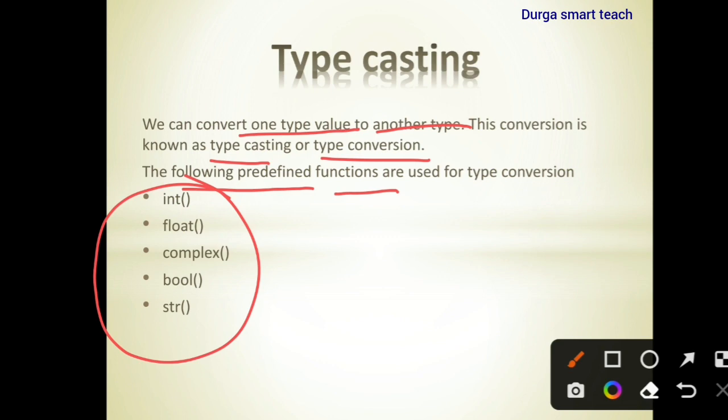The task of these 5 predefined functions is to convert from one data type to another data type. These are the 5 predefined built-in functions for type conversion: int, float, complex, bool, string. So let's discuss one by one.